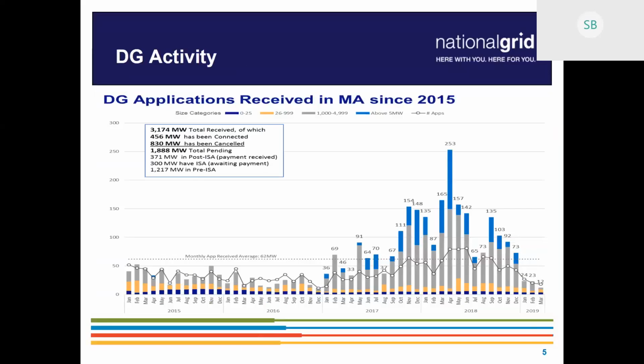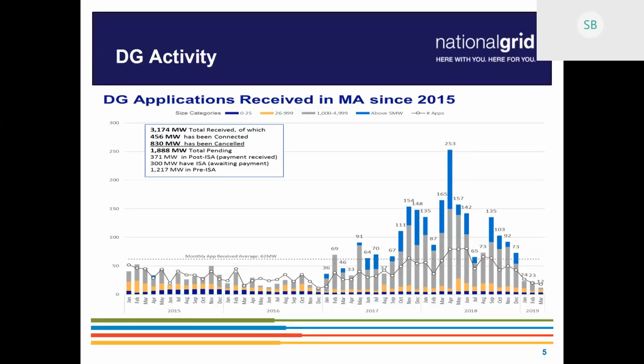Next slide. So before we get into it, I just want to offer up this graph that talks about some of that activity that I mentioned, the high volumes that we received starting late 2017 throughout calendar year 18 in response to the SMART program.